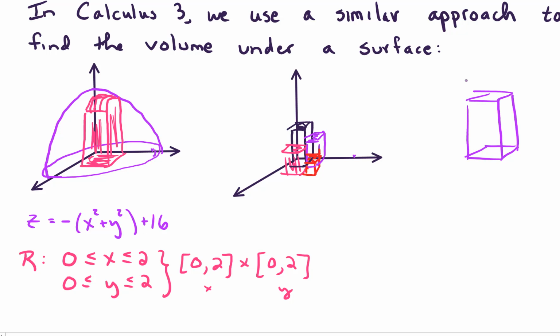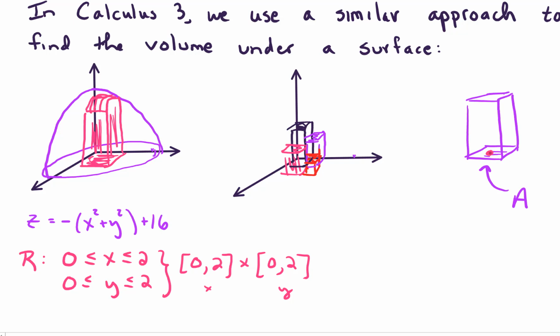To figure that out, on the base here, this will be some area. We'll have to figure out what that is, and then for the height, we'll pick some point that lives in that little rectangle.